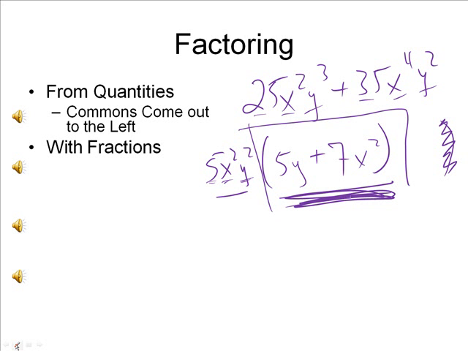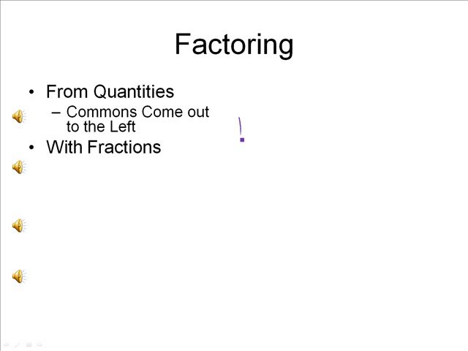Let's take a look at what happens with fractions. Let's say we had 1/2 x squared plus 1/8 x minus 1/4. Now we want to factor out the greatest common factor. And you might be looking at that and saying, well, the 2 is the greatest common factor for 2, 4, and 8. But with fractions, it's a little bit different.